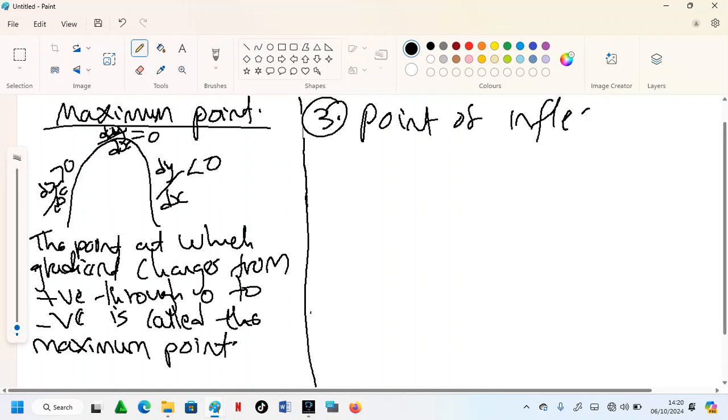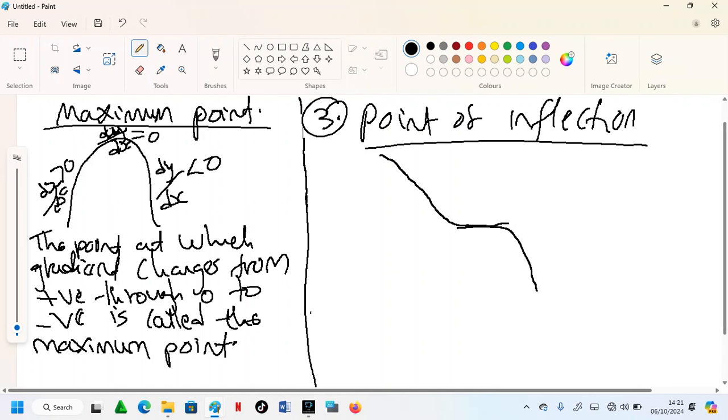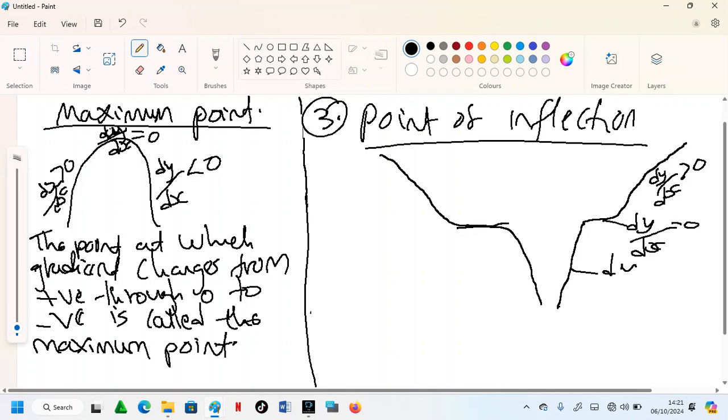The point of inflection is when we have a negative gradient, it turns to 0 and then continues being negative, or a positive gradient becomes 0 and then proceeds being positive. You see here dy dx is greater than 0. Here it is 0, and then it proceeds to being greater than 0.